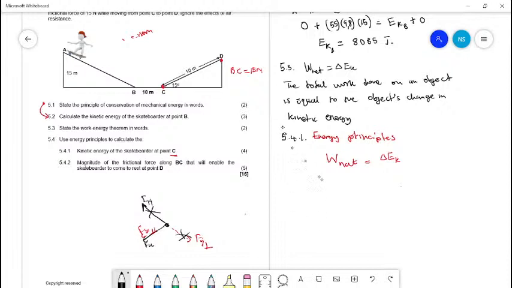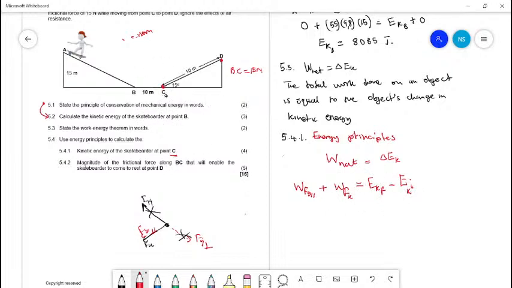And then it means that W net will be given by the work done by Fg parallel plus the work that is done by F of k equals Ek final minus Ek initial. So what we're looking for is Ek initial.